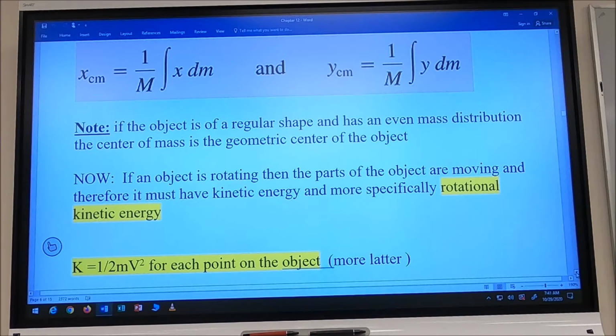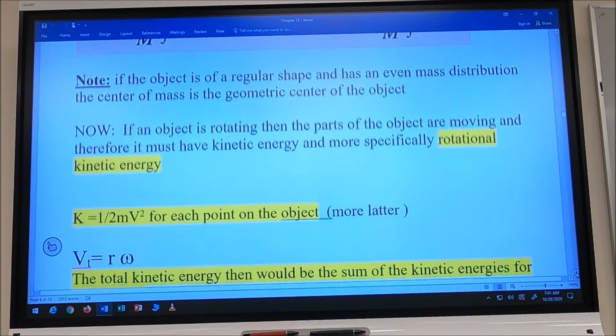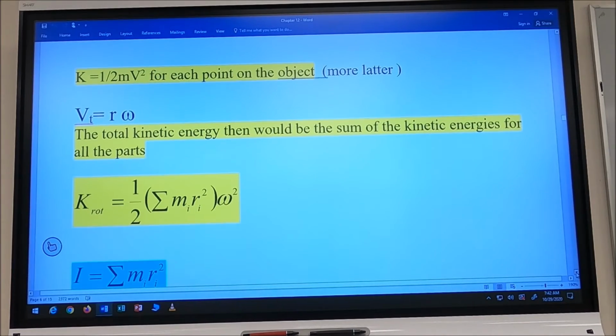Okay? If an object is rotating, then the parts of the object are moving, and therefore it's got to have kinetic energy. More specifically, rotational kinetic energy. Remember that kinetic energy is 1/2 mv squared, and we would calculate the kinetic energy for every individual point on the object.